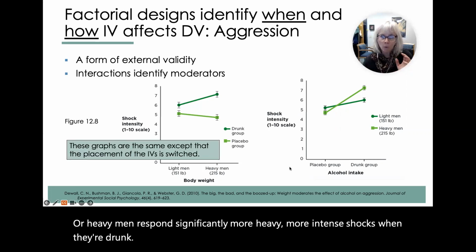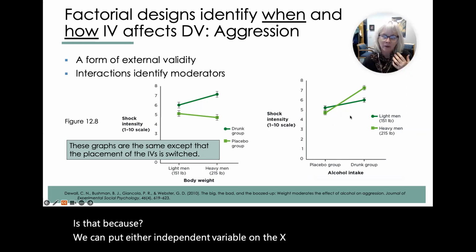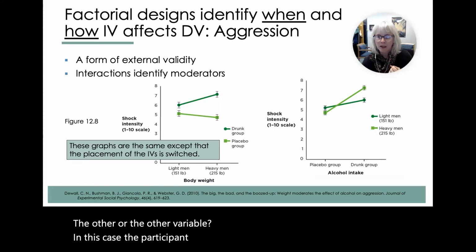Now, one of the things you see here is that we can put either independent variable on the x-axis, and the other variable, in this case, the participant variable, is up here in our bars.